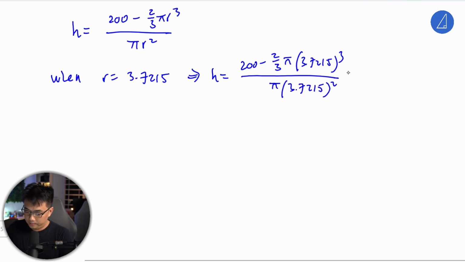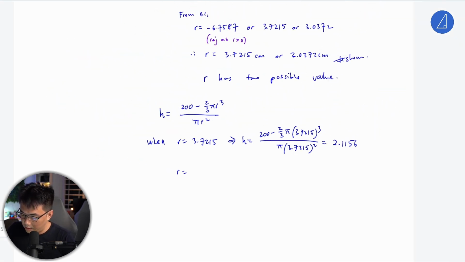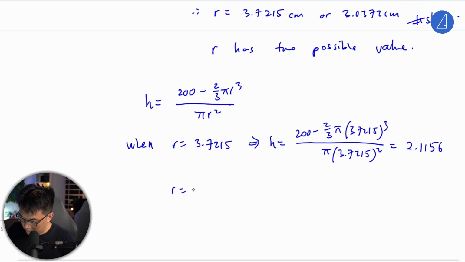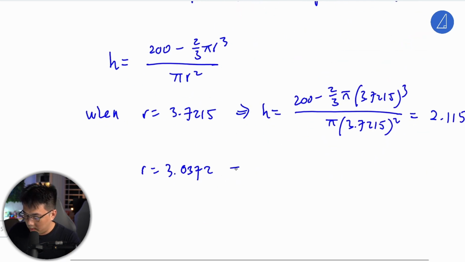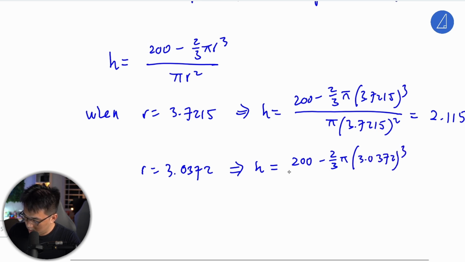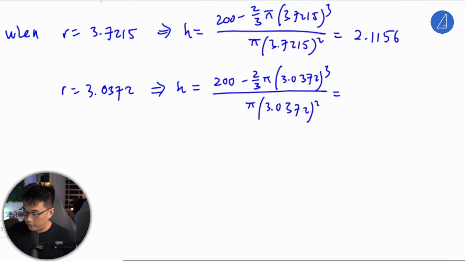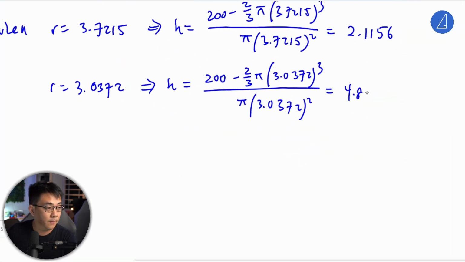This would be 2.1156. Then when r is equal to the other one, in this case here h will be 4.8765.